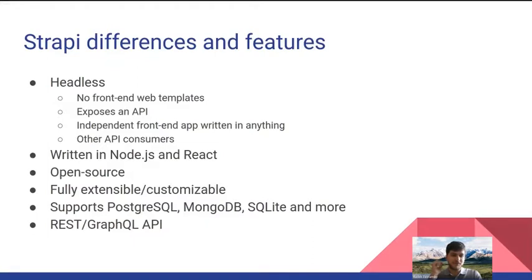They're happy for contributions, so you can even create PRs into the repo of Strapi, and if you have some feature that you think would be beneficial to everyone, they will be happy to take a look at it.